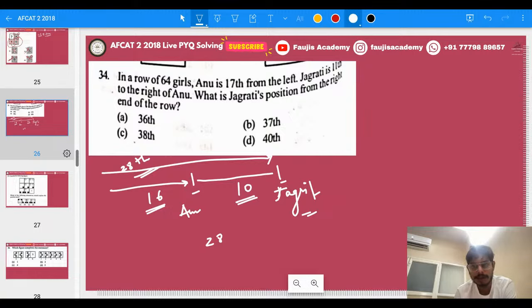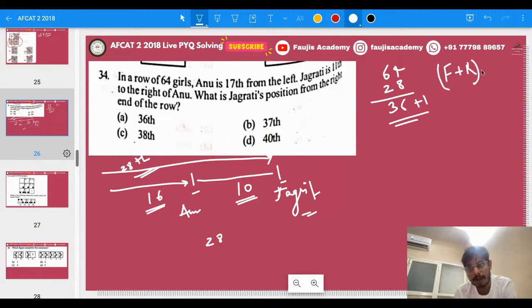Okay, Prakash, yes, that's correct. Both of you are correct. If it is 27, that means 64 minus 28 plus 1. How does it work out? Rank from front plus rank from rear minus 1 is equal to total number of participants.